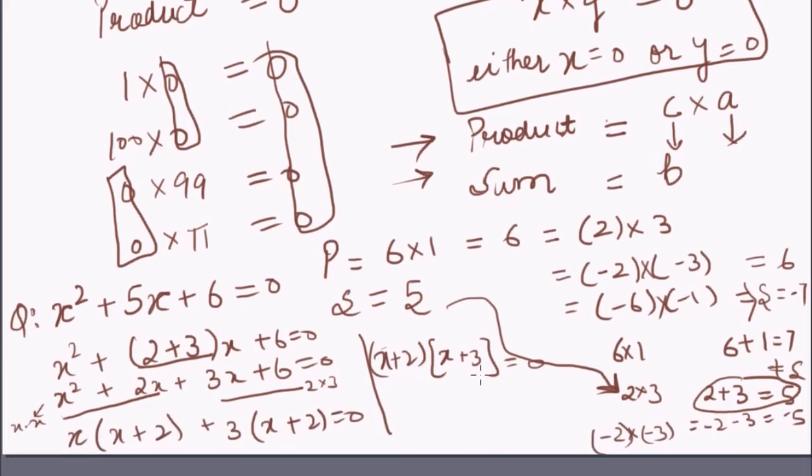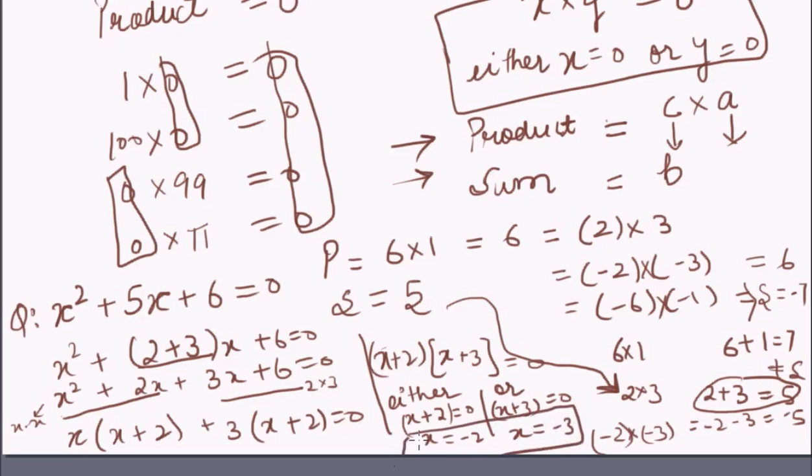Here the product is 0, which means either x plus 2 equals 0 or x plus 3 equals 0. This will give us x equal to minus 2, whereas the second part will give us x equal to minus 3. So by the factorization method we have found the solution of this quadratic equation as x equal to minus 2 and x equal to minus 3.